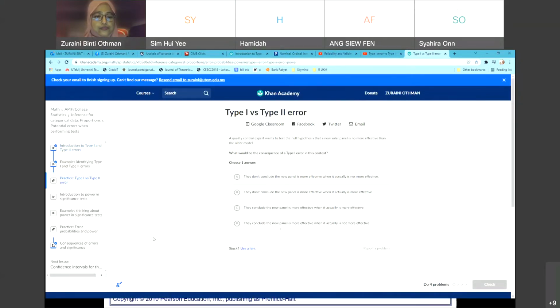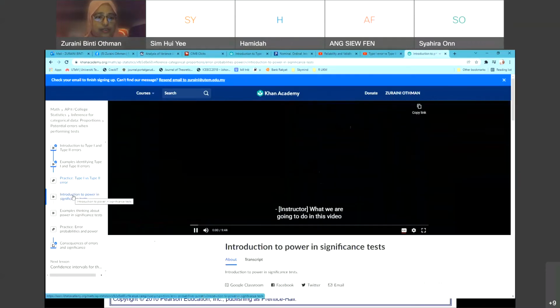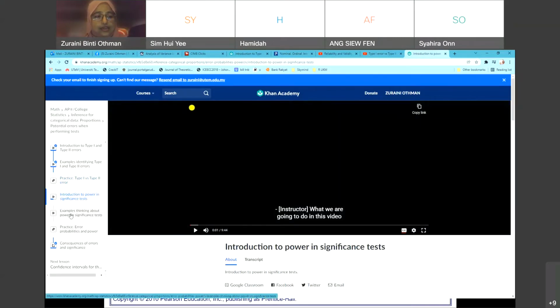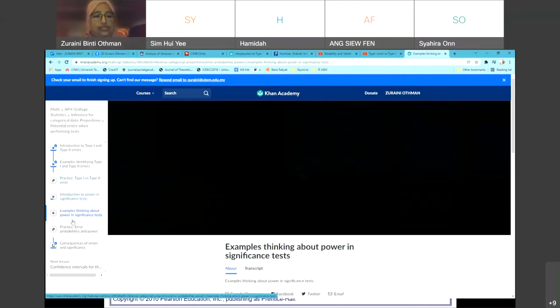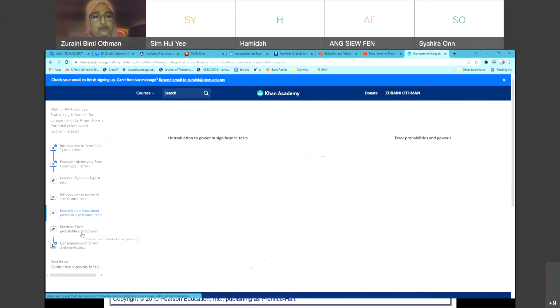They also have hints. This is one of the examples from Khan Academy: an introduction to power in significance tests. What does power mean? And this is an example of thinking about power in significance tests. You can get more information from here. Then this is the practice.